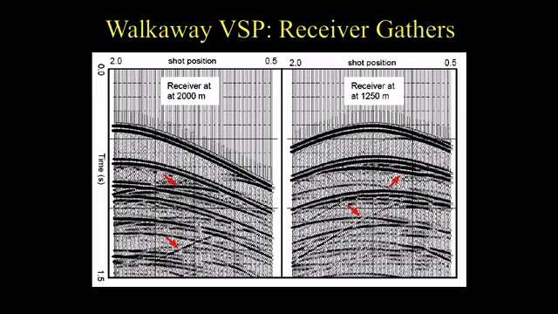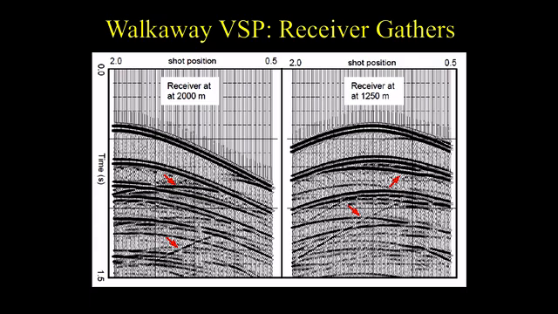This figure shows 2 Walkaway VSP receiver gathers for the same model as in the previous slide. We can remark that receiver gathers look like standard surface seismic data. Again, notice that contrary to zero offset VSP data, it is quite easy to detect the effect of large heterogeneities away from the well in Walkaway VSP data, when data are organized in receiver gathers.